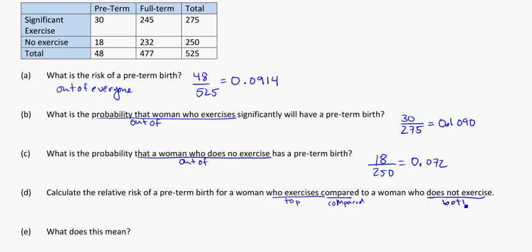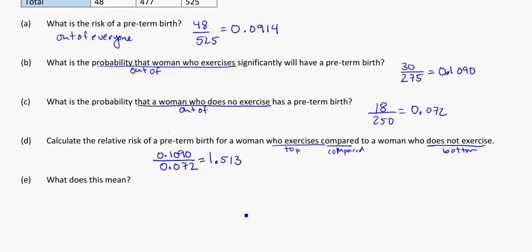The risk for someone who does not exercise is 0.072, which is what we already calculated. And above that is the risk for women who do exercise significantly, 0.1090. If we put that into our calculator, we get 1.513.